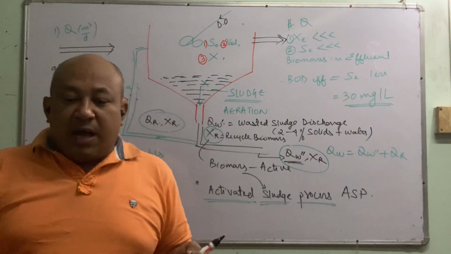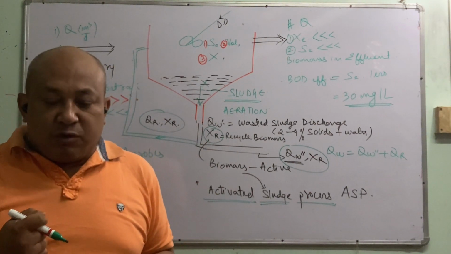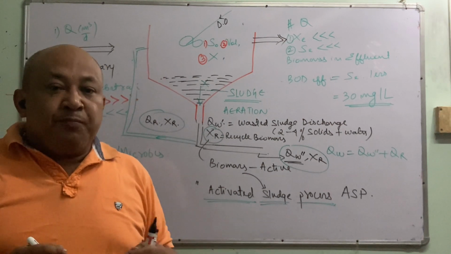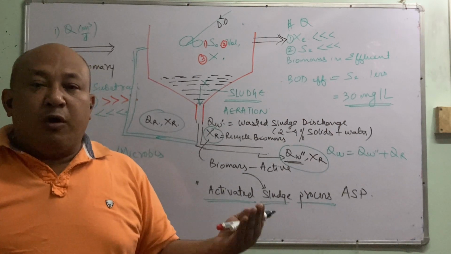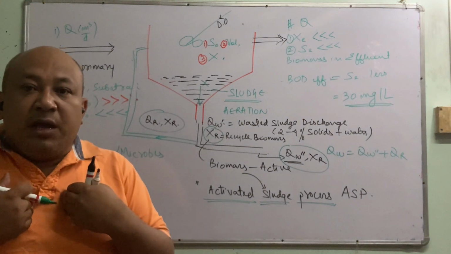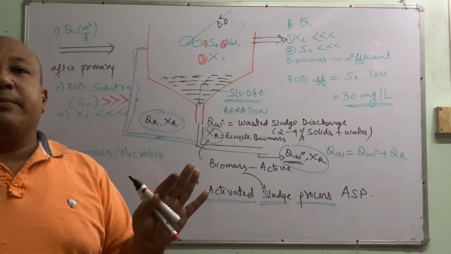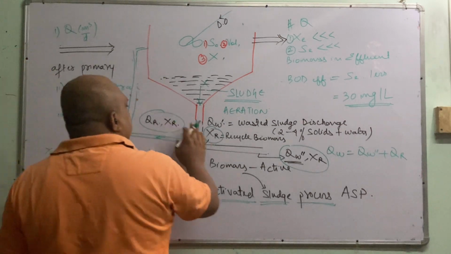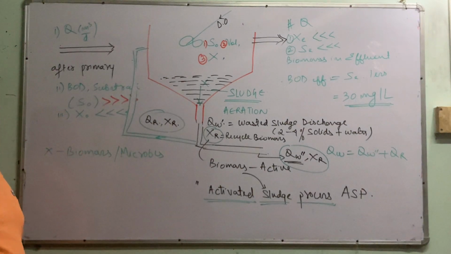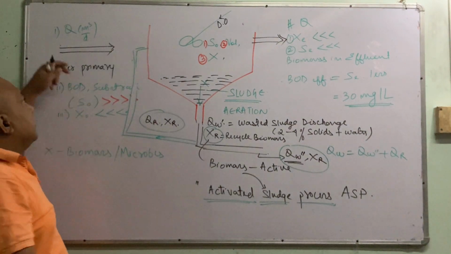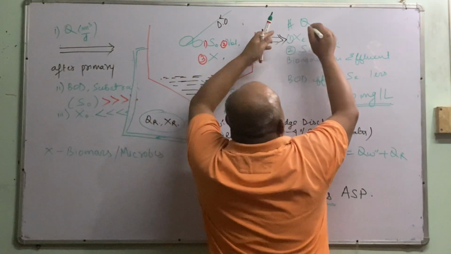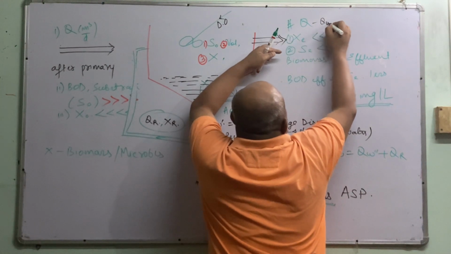Another example, I'm saying I have a cup of coffee. I give some to one friend, some to another one. Though they may have different volume of the coffee, the sugar concentration in what I'm having and what I'm giving to both will be same. Correct? So XR, XR, XR. This is a mass balance of the complete activated sludge process. And therefore, since Q is coming and QR is going, sometimes we put this one as QW.